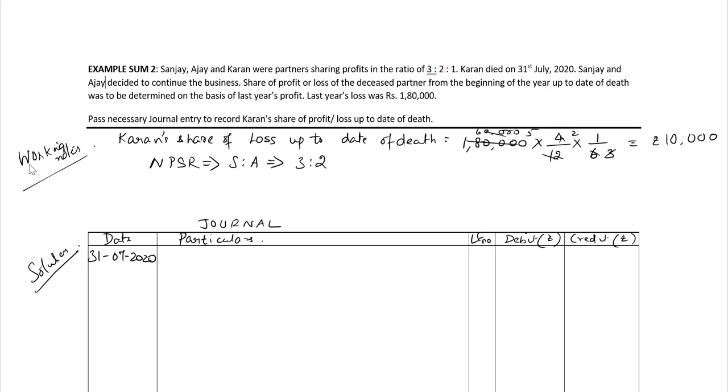It's a loss, so we need to debit Karan's capital account and credit profit and loss suspense account. Amount 10,000 rupees.